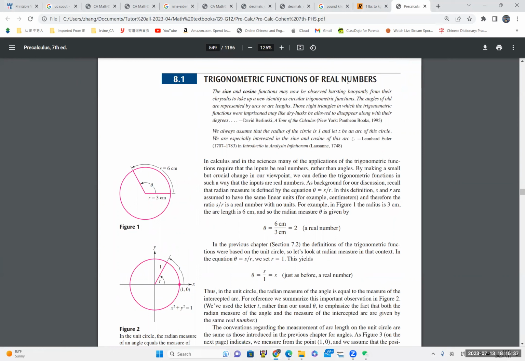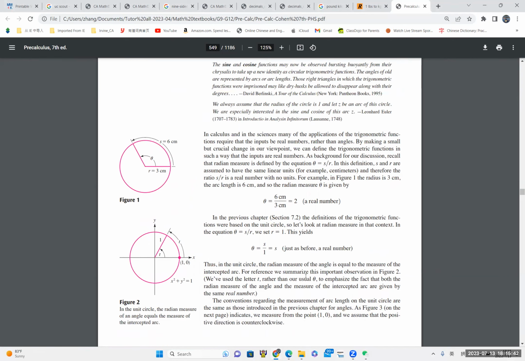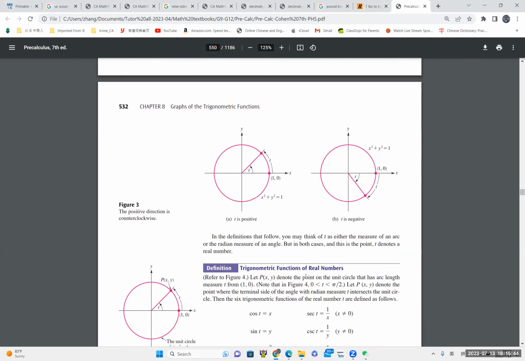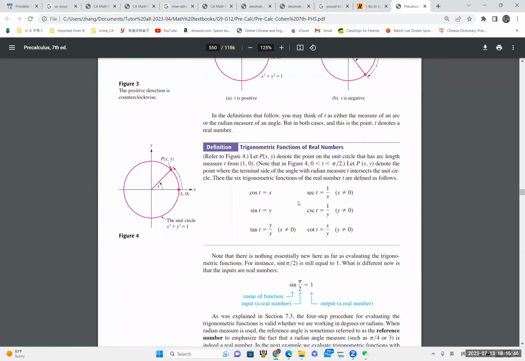8.1 Trigonometric functions of real numbers. Here is the definition in the unit circle for trigonometric functions, right? But we still use the angle as t or theta. X, Y here show the coordinates of the terminal point.